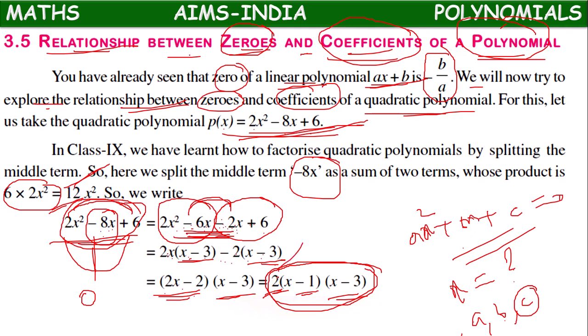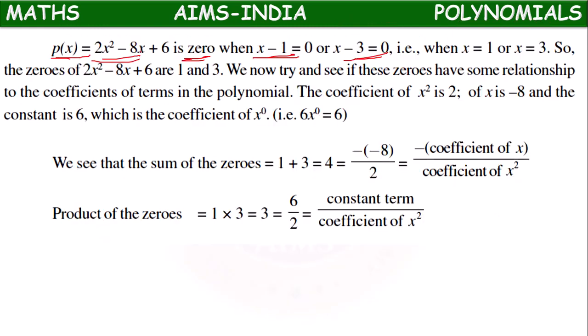Because 2 is a constant, it can never be 0. So it will be 0 when x equal to 1 or x equal to 3. These two are the zeros of the given quadratic polynomial. 1 and 3 are the zeros.